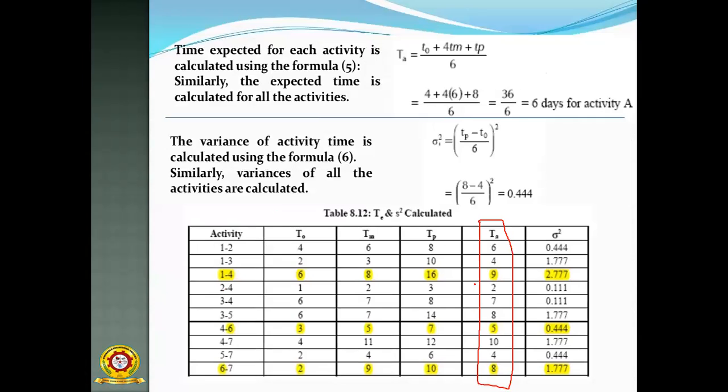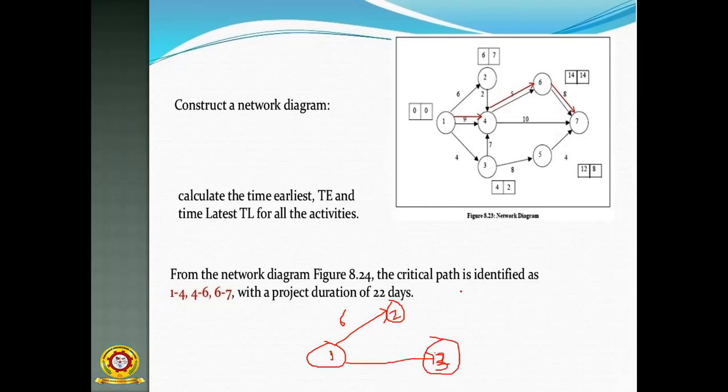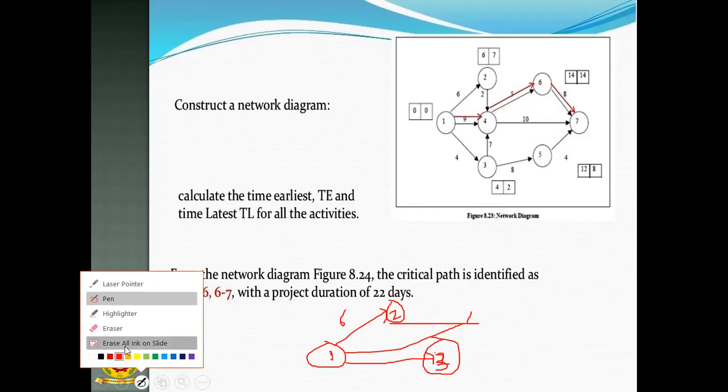The next activity is 1 to 4. The fourth activity also starts from the same first event, so you have to construct it like this. It is very difficult. Okay, so again I am trying.